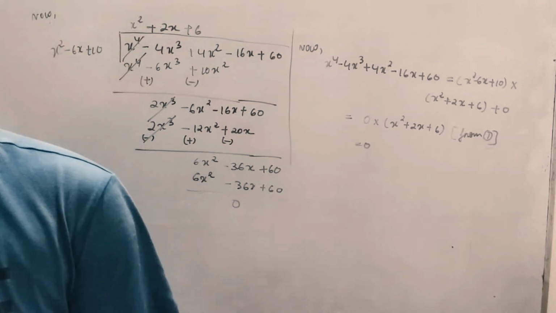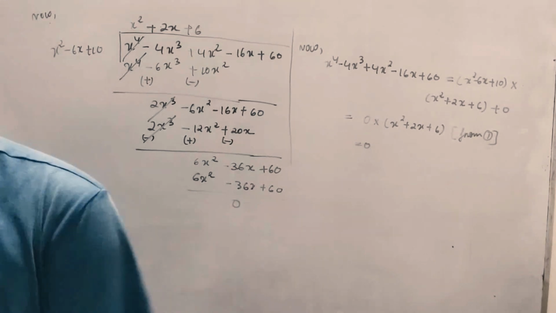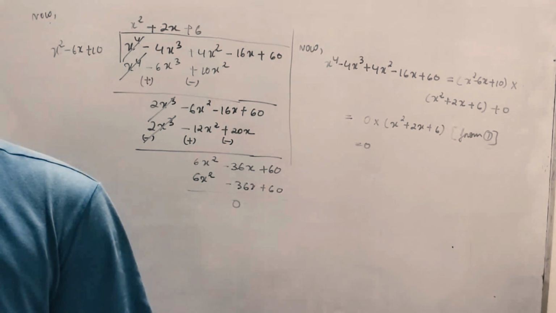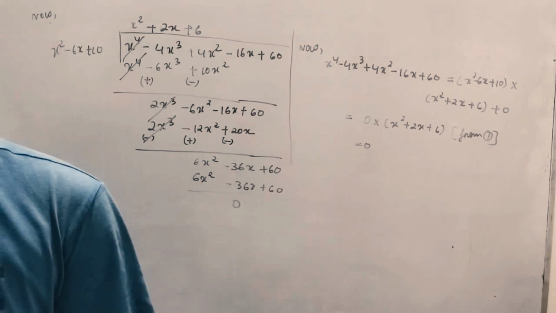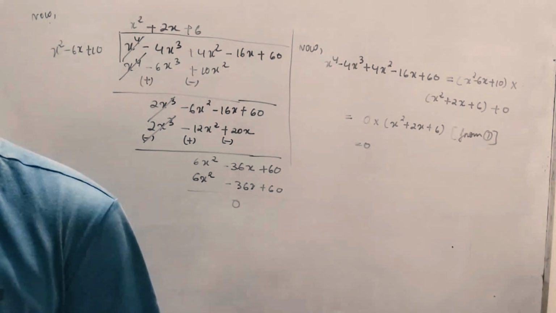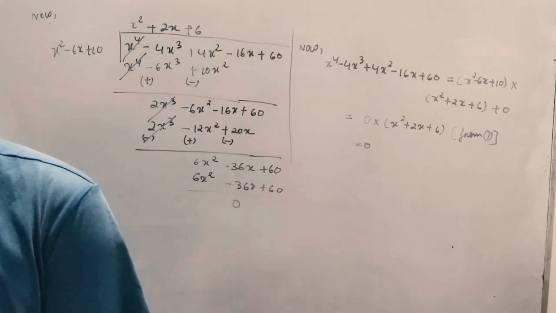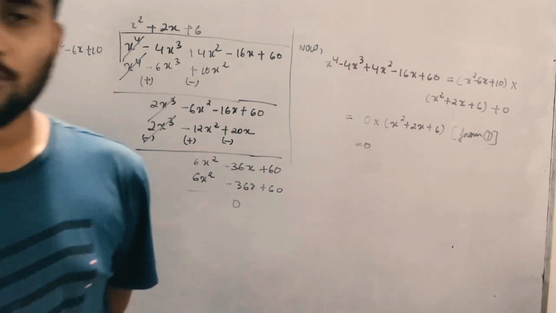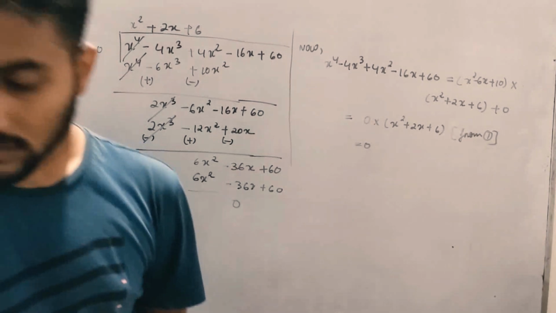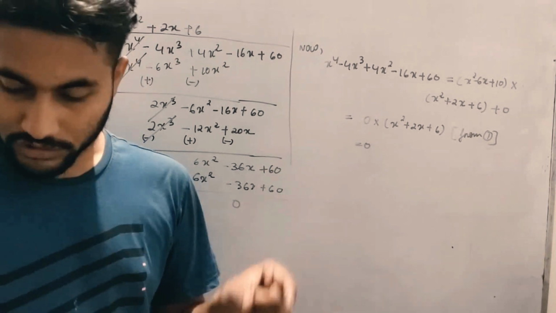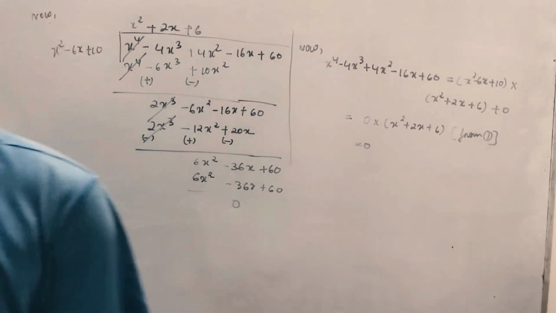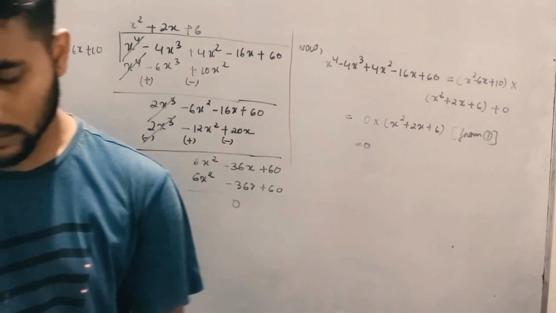Similarly, question number 8 is similar to question number 8 of exercise 2.2. Question number 8 of exercise 2.5 is exactly the same as question number 8 of exercise 2.2. So that one also you can do by yourself. We have already done it in our previous classes.